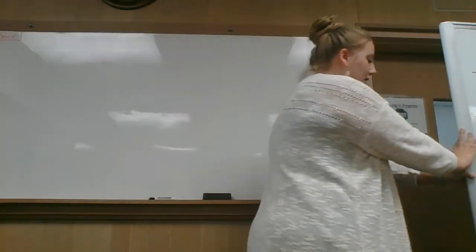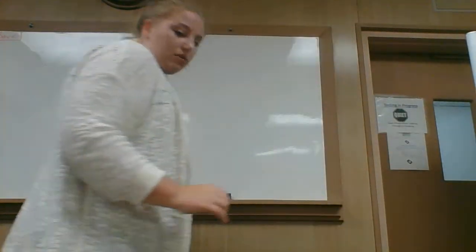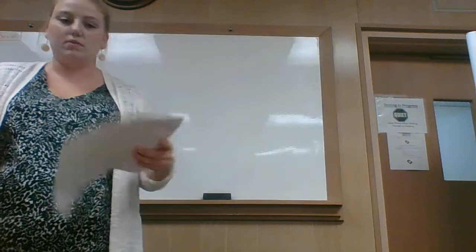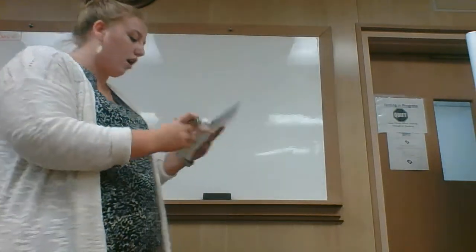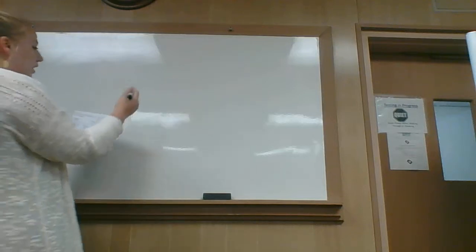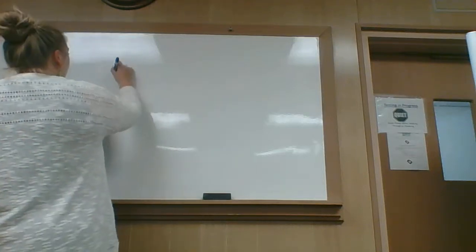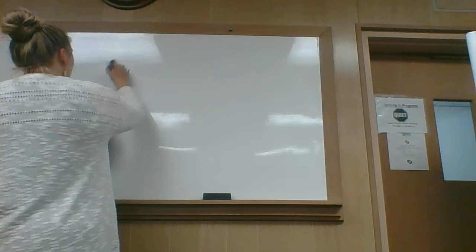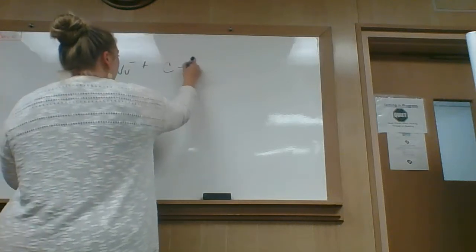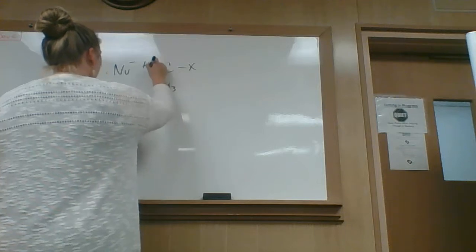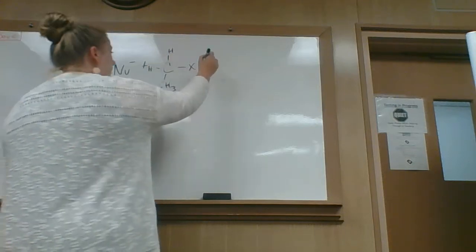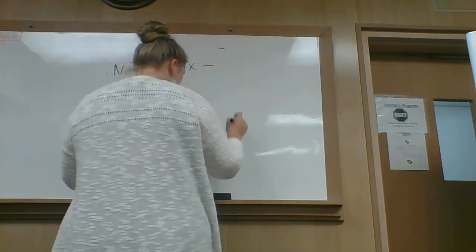So we're going to start with SN2. That was all chapter 6, SN2. I'm going to draw the reaction that's in Dr. Cosper's notes just so we have a good visual.